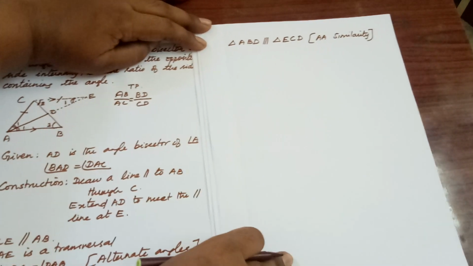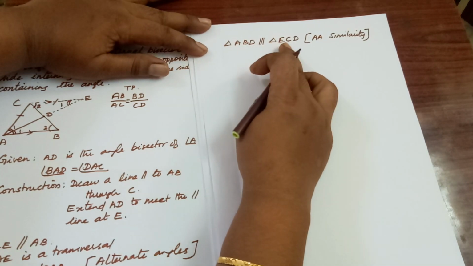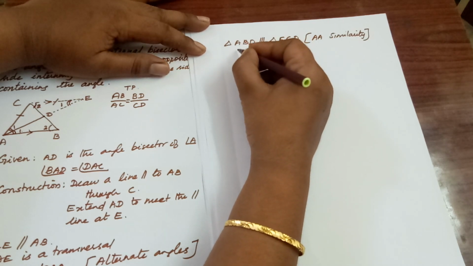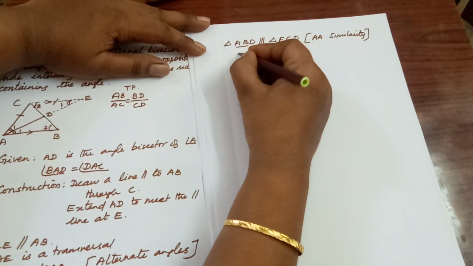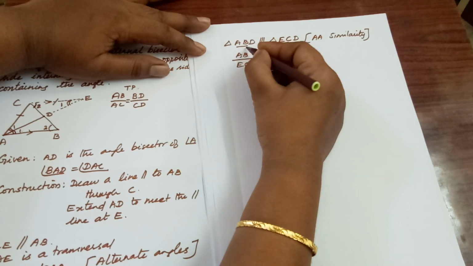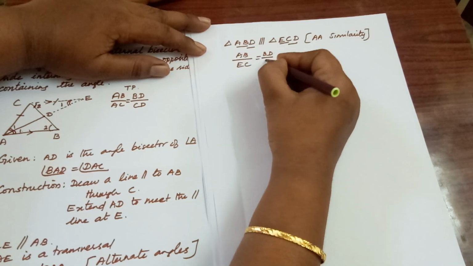So due to AA similarity, we can say that these triangles are similar. For any two similar triangles, the corresponding sides are proportional. So we are going to take the corresponding sides. AB by EC is equal to BD by CD, equal to AD by ED. These are corresponding sides.